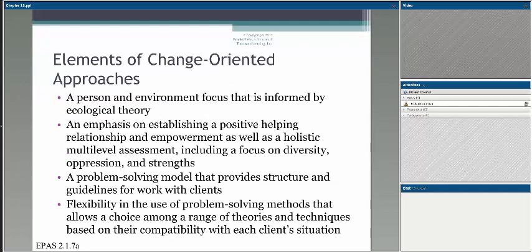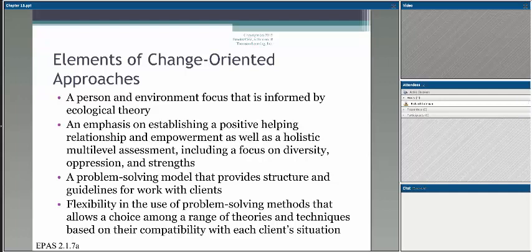So when we think about change-oriented approaches, we need to take a look at some of the things that are listed here in terms of what causes us to move in a general direction as we do some work with the families and the people that are involved with us. Looking at that ever important person and environment focus.